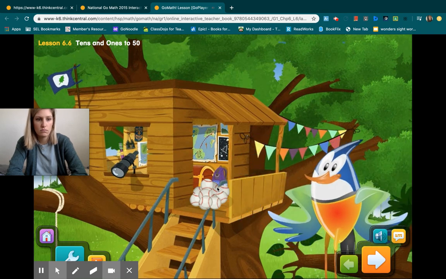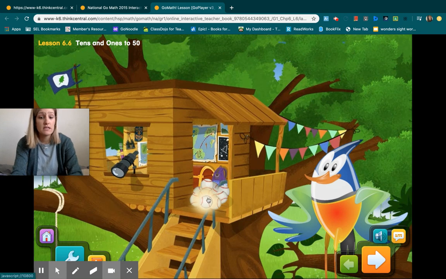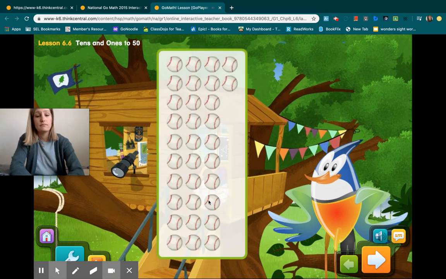Hey, why don't you click the baseball to see the groups? So Mrs. Maris is already thinking ahead. What we've been practicing is making groups of 10. So I'm guessing we're going to use these baseballs to figure out how many groups of 10 there are and how many ones left over. Okay, that's better.